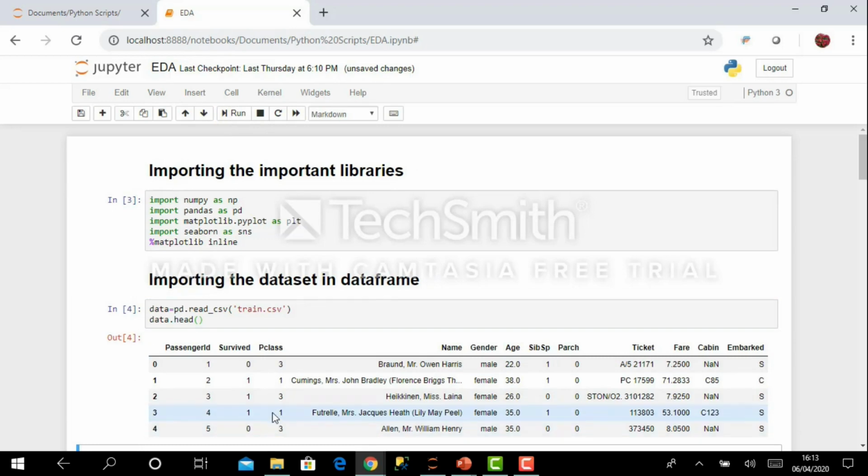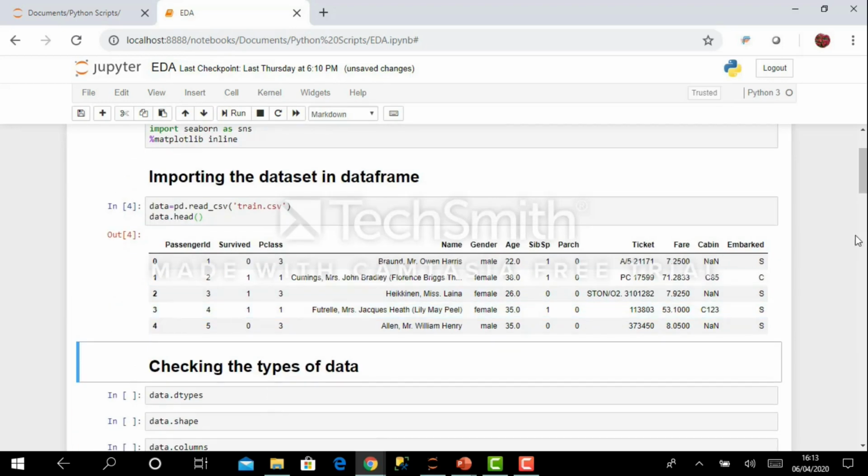Okay, so you can see these are the first 5 records, and actually these records are about the Titanic data set. It's a very familiar, very well known data set. You know that the ship had a bad fate, and a lot of passengers died in that accident, and this data set has one column named survived.